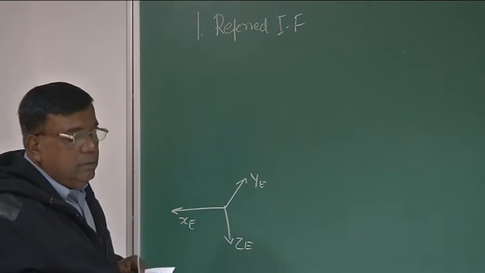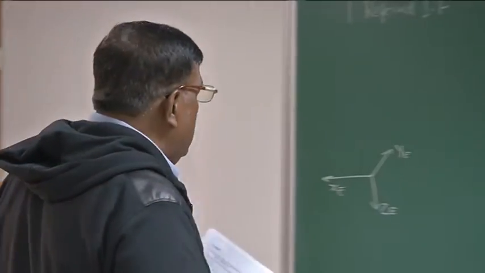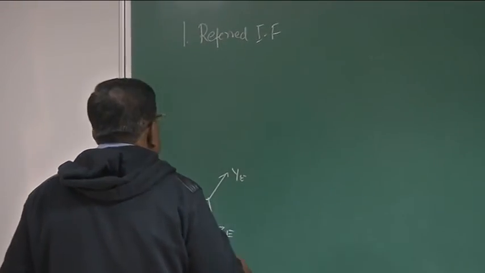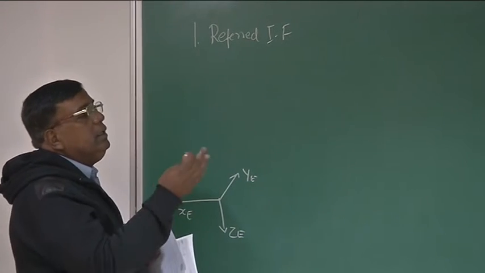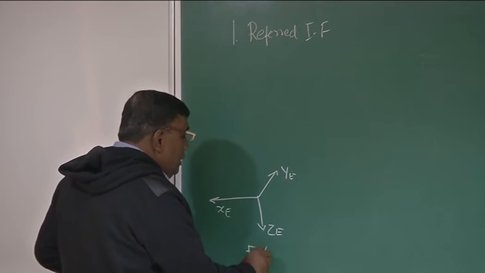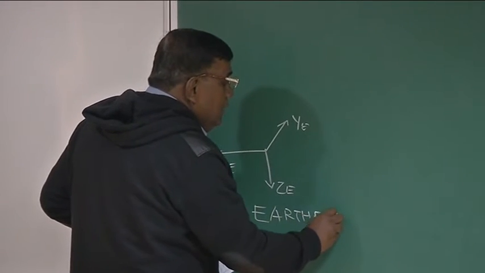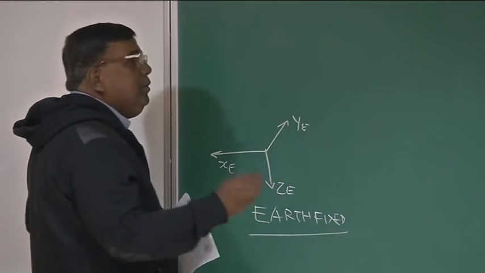Why are we choosing earth as the inertial frame? Because we are assuming that the earth's acceleration is negligible in the context of what we are doing, stability analysis. So we are assuming earth has no acceleration, or the acceleration is too insignificant to affect the stability analysis. That's why we are treating it as an inertial frame for the purpose of this study.